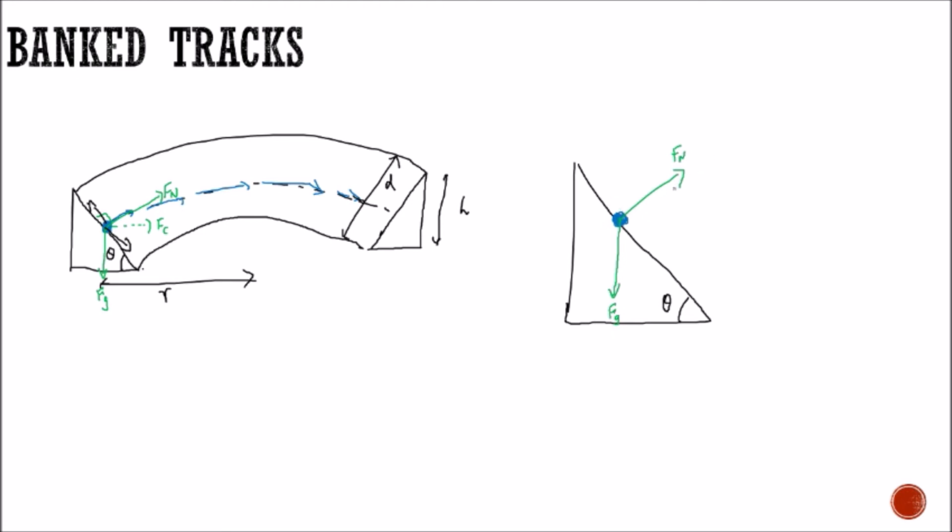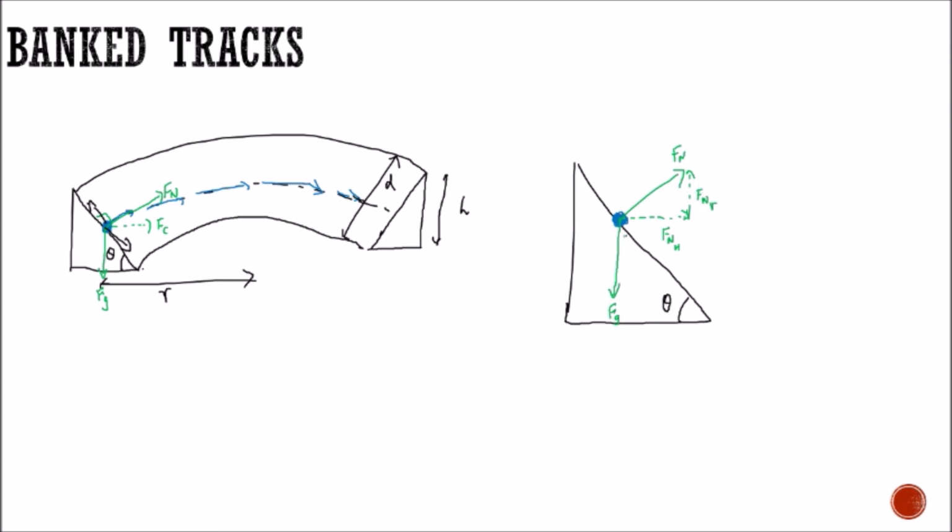Now I can express this normal force as a horizontal component. I'll call this FNH for the component of the normal force in the horizontal direction. And it's also got a vertical component that acts in this direction. I'm going to call that FNV for the normal force in the vertical direction.